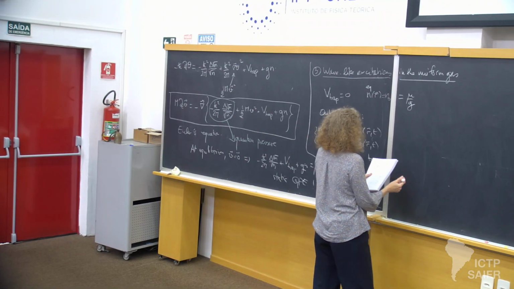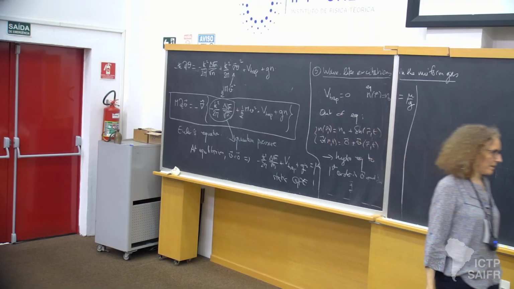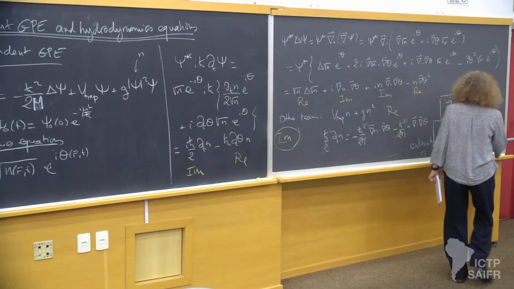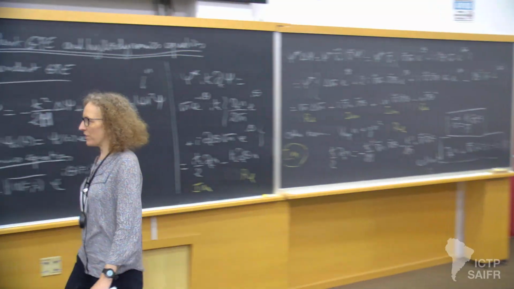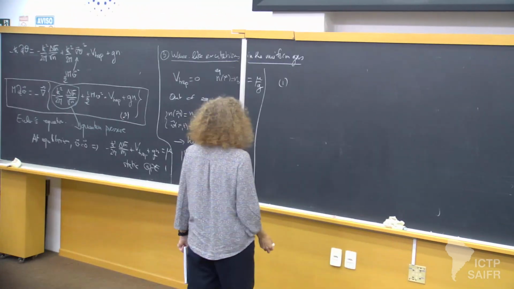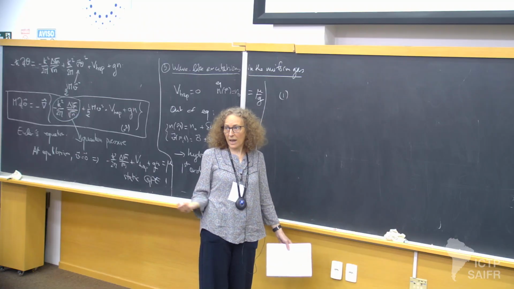So let me write, I will call them 1 and 2, these equations. 1 is a continuity equation, and 2 is the Euler equation. So if I write equation 1, and I assume that delta n and v are small, the time derivative of n is only the time derivative of delta n because n0 is constant.